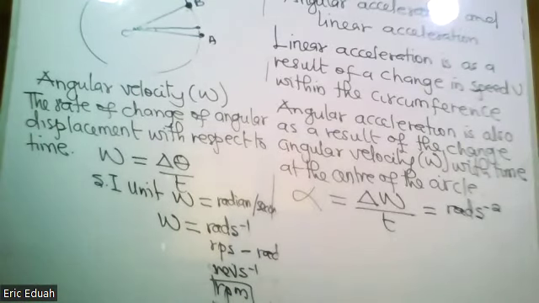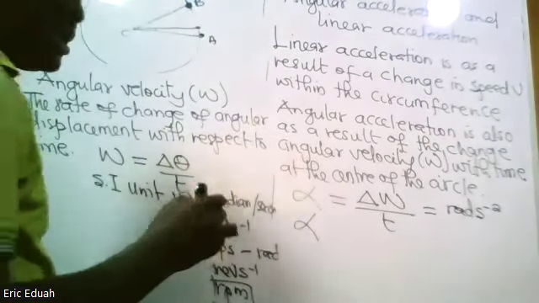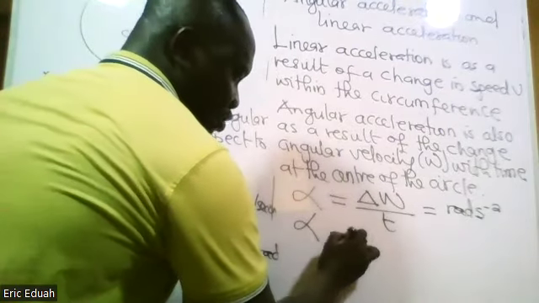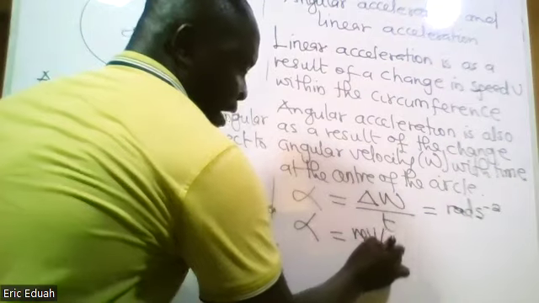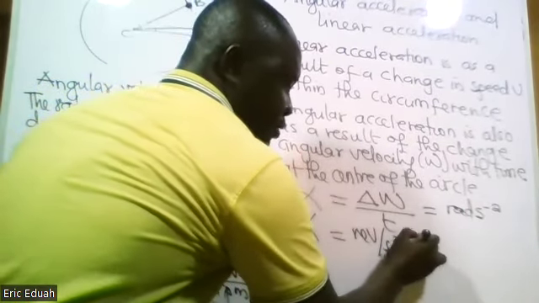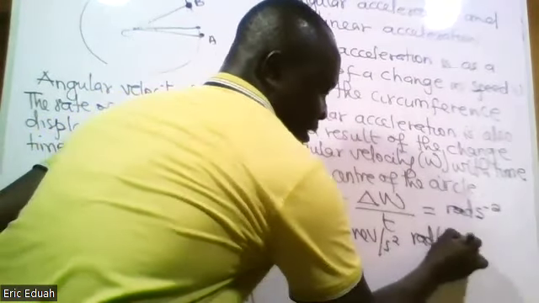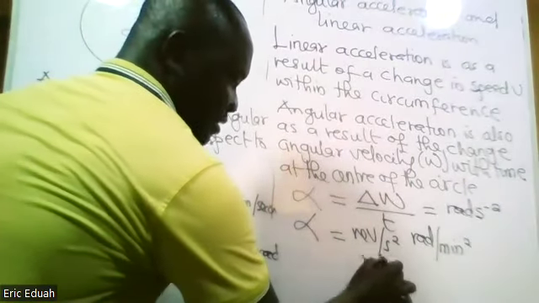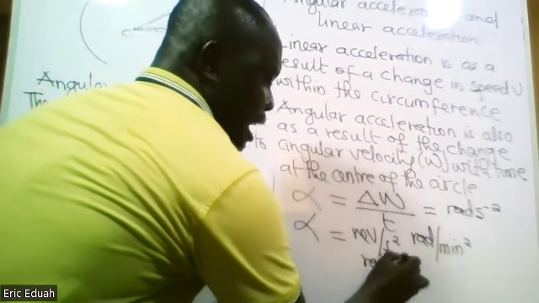But note that for angular acceleration alpha, there can be other units such as non-SI units. We can also have revolution per second squared, radian per minute squared, even radian per hour squared.